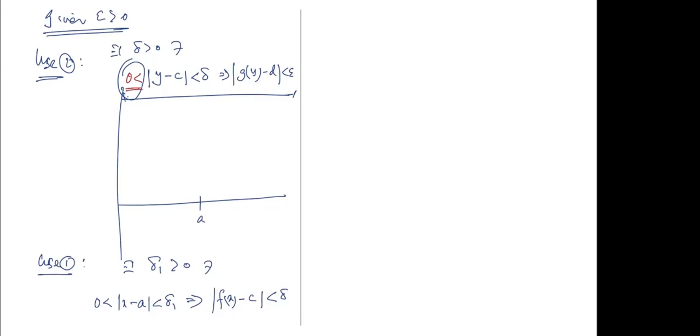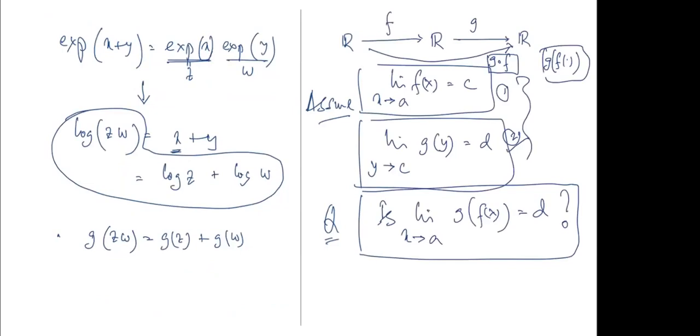So then what would happen is, for the composition, you would actually be looking at just g of c. And that will not tell you anything about the limit of g, right? So then the composition function will be a constant function.